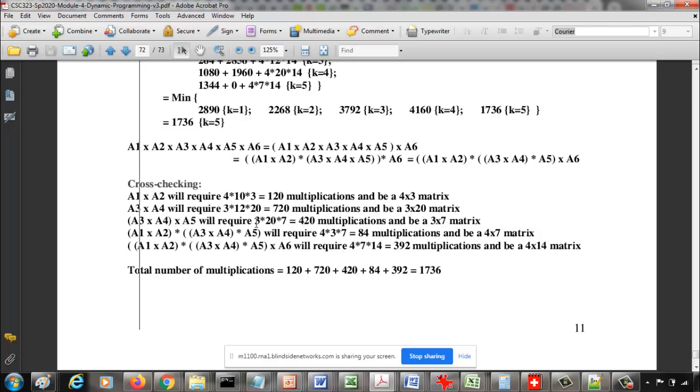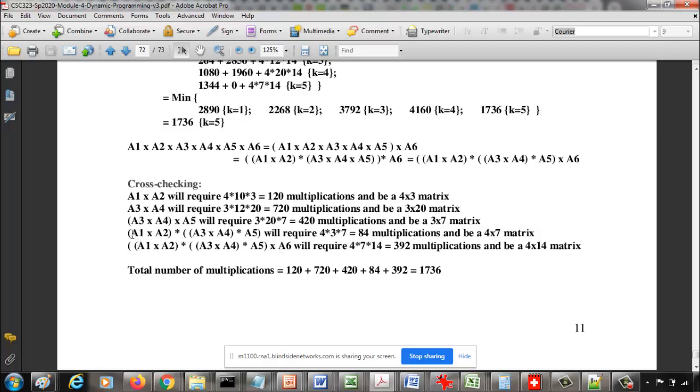And the product is a 3 by 7 matrix. Then we multiply A1, A2 with this A3, A4, A5. A1, A2 is a 4 by 3 matrix, and A3, A4, A5 is a 3 by 7 matrix. So it's 4 times 3 times 7, which is 84 multiplications, with the dimension 4 by 7 matrix.